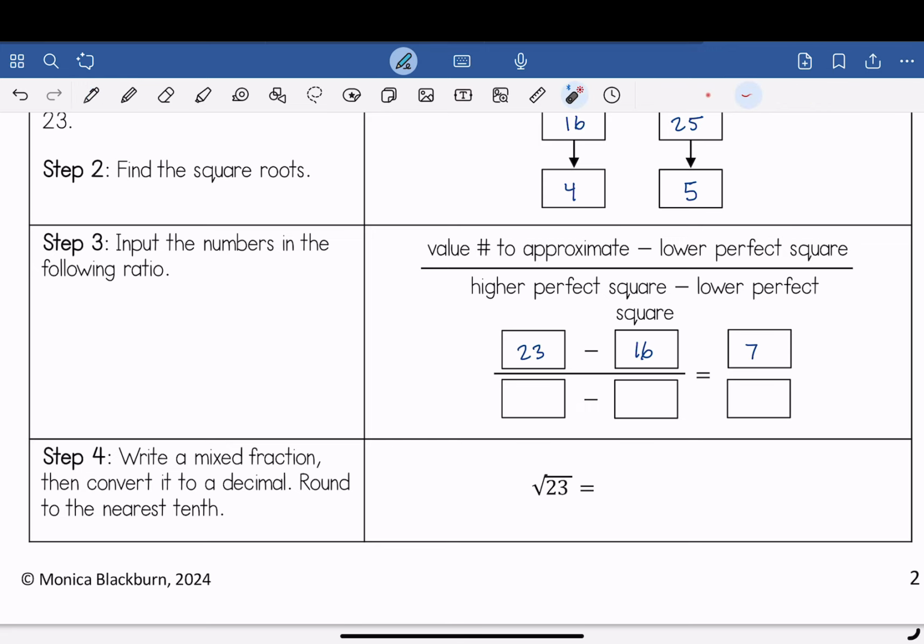And then the higher perfect square, which would be the square root of 25. So 25. Subtract the lower perfect square, which is 16. 25 minus 16 is 9.